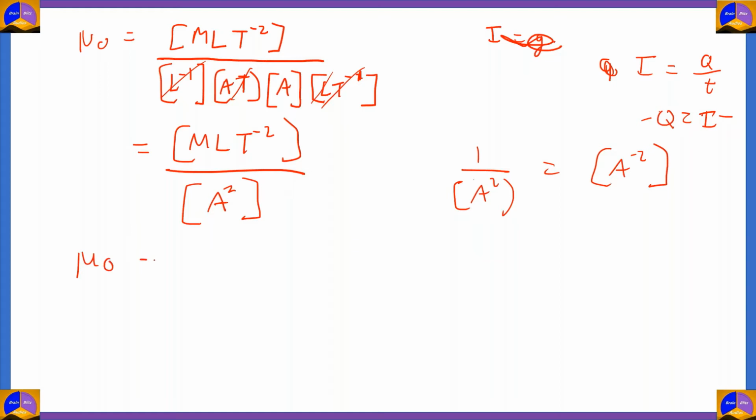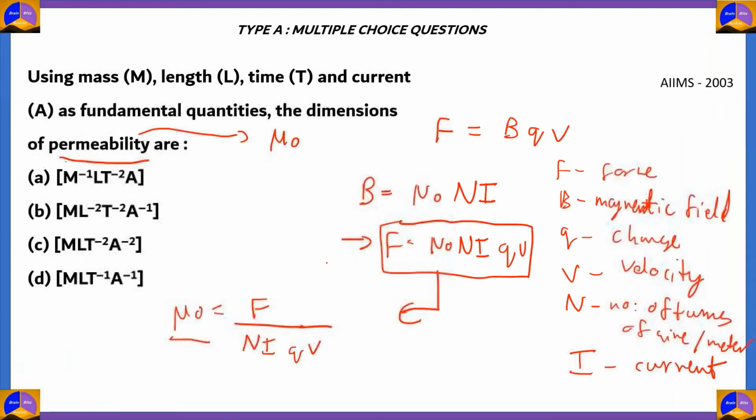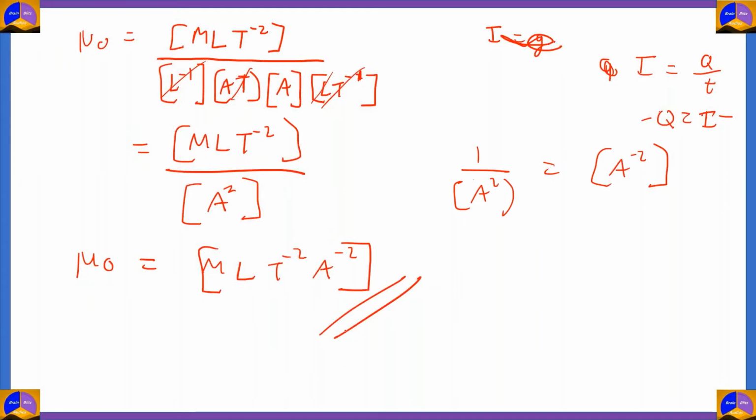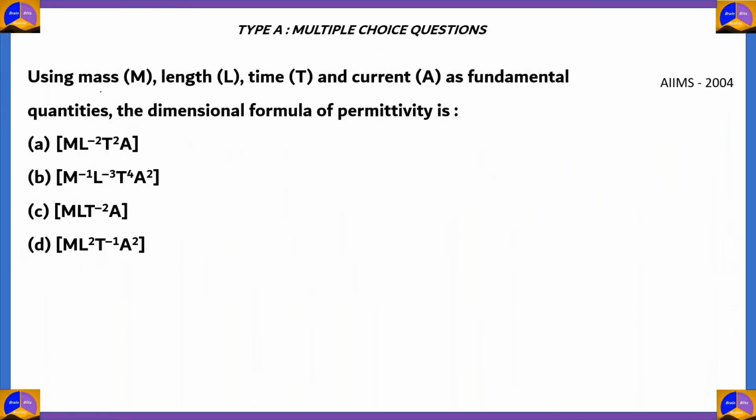So therefore, the dimensions of permeability are MLT power minus 2, A power minus 2. And when you look at our options, we find that option C is the right answer because it has the same expression, MLT power minus 2, A power minus 2, which we found out by calculating. So this is how you calculate for permeability using the formula F is equal to BQV and B is equal to mu naught Ni. Next question.